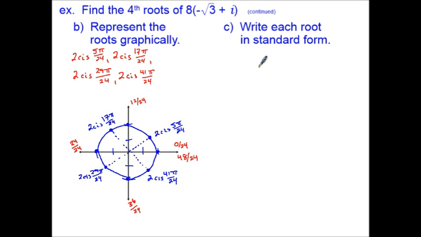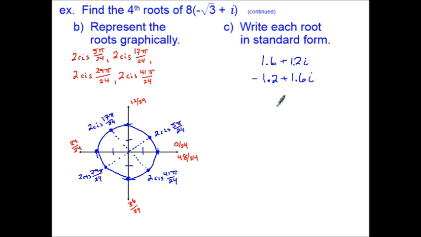Alright, then doing this in standard form again, basically all I would do is type these in like I did in the previous problem, and if you want to do that just to double check what you got, my first root works out to be 1.6 plus 1.2i, again there's a little bit of rounding going on there. The second one, and hopefully this starts looking kind of interesting, I get negative 1.2 plus 1.6i.